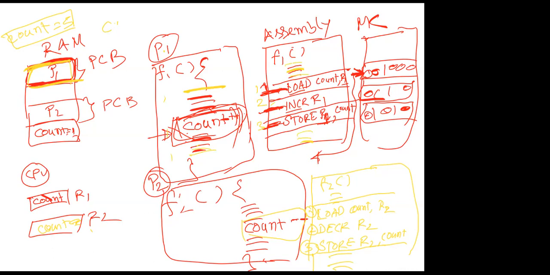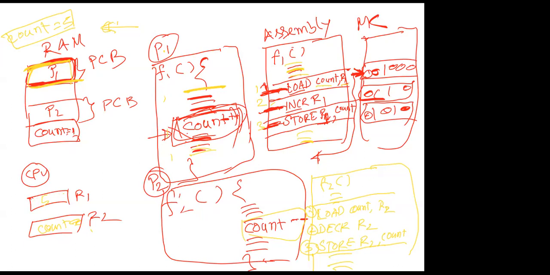Let's say one person comes and enters the shopping mall now. Load R1, count: it loads the count value into R1. The count value is 5, so 5 is loaded here.